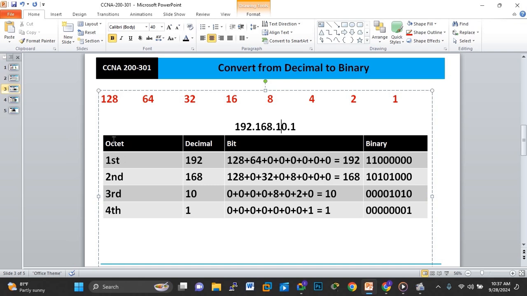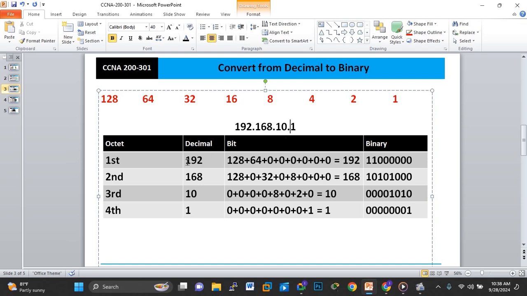So now, let's say octet. We have the first octet, the second octet, the third octet, and the fourth octet. We now know that these IPs, we can call them octets. The 192 is the first octet, 168 is the second octet, 10 is the third octet, and the 1 is the fourth octet.